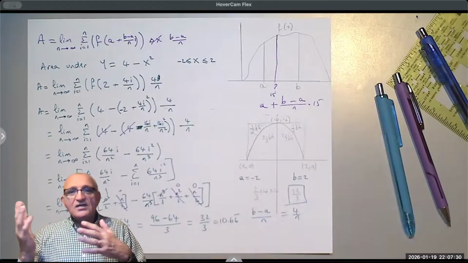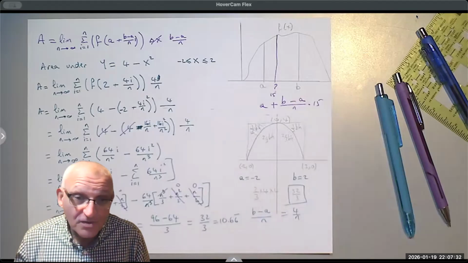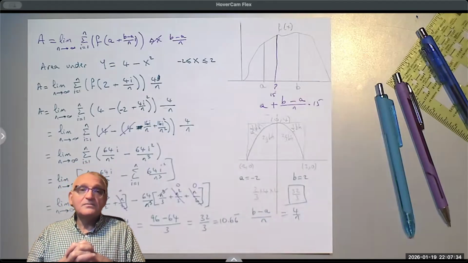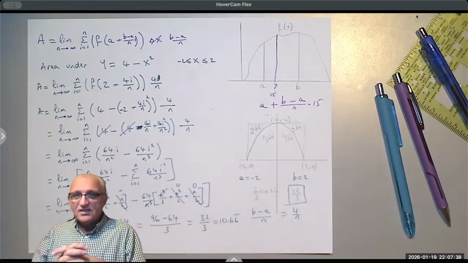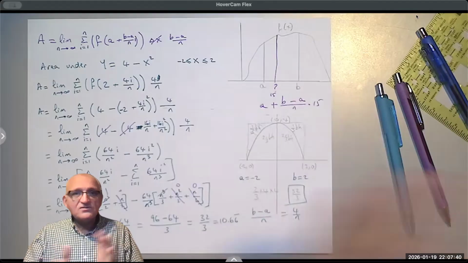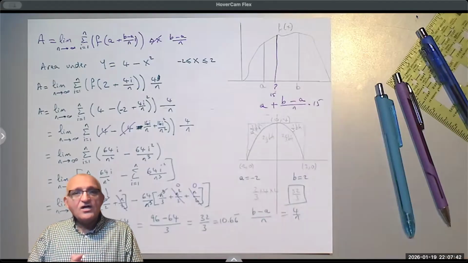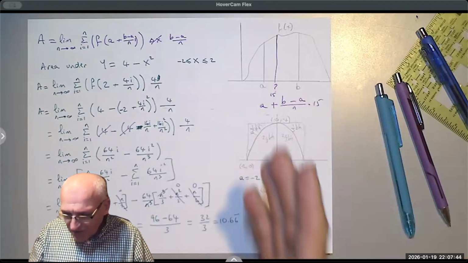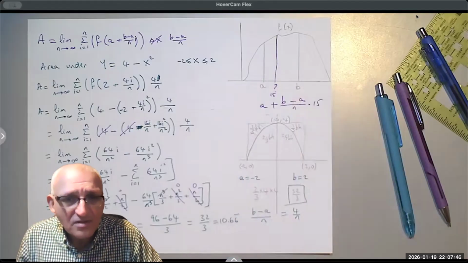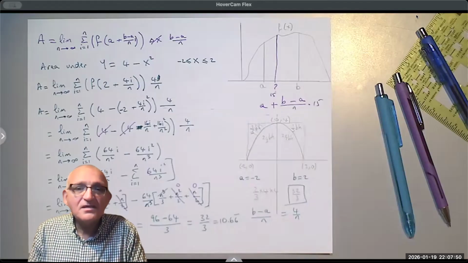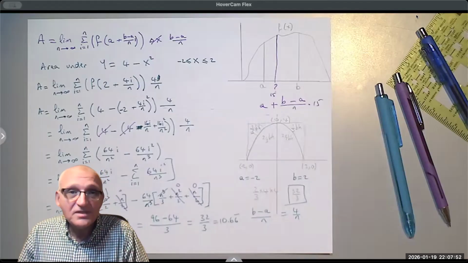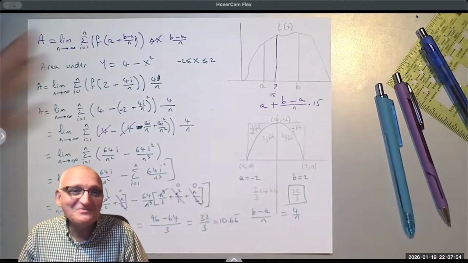We used the trapezoidal method. Some of you may have used Simpson's rule. And all of these were approximations, but when you take the limit as n approaches infinity, you get the exact integral, exact value, really.